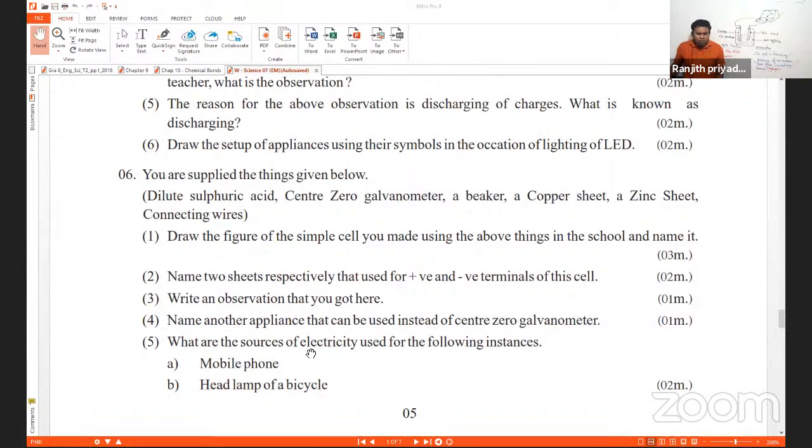Question 5. What are the sources of electricity used for the following instances? Mobile phone: chemical cells, batteries, lithium ion battery.